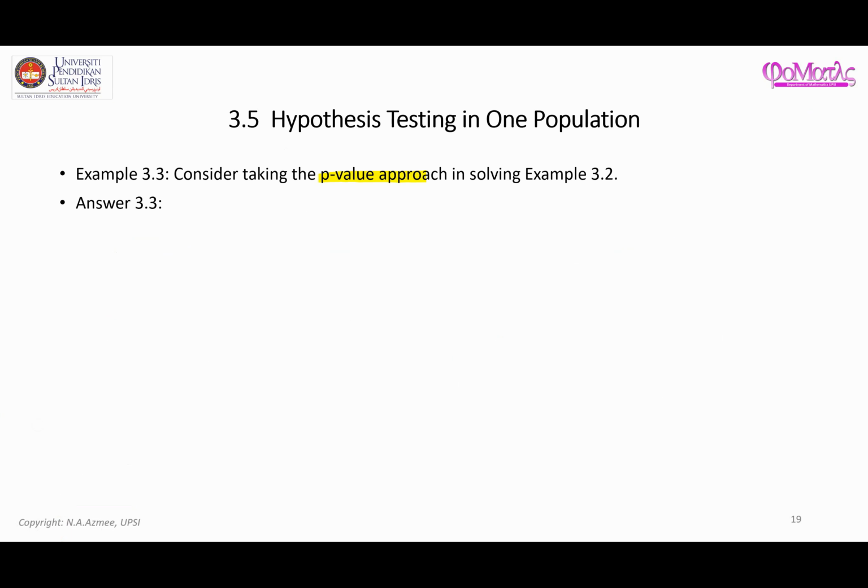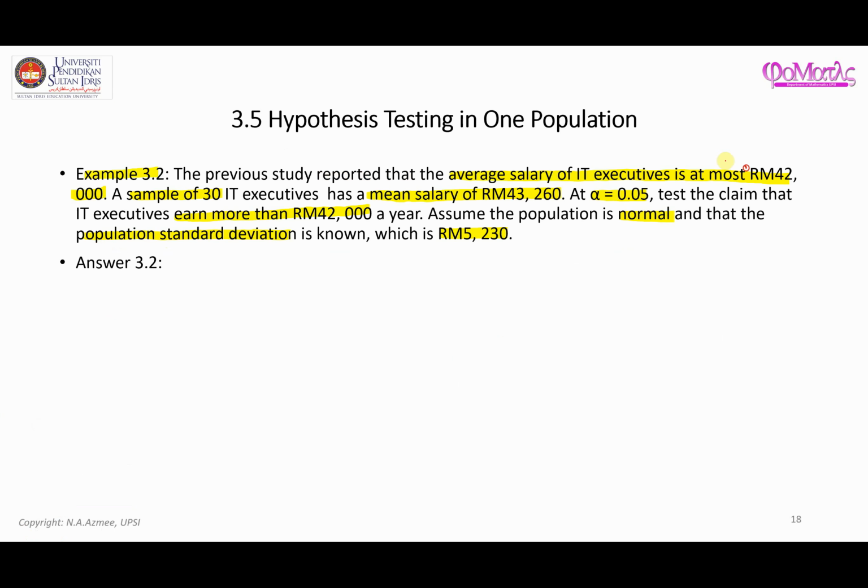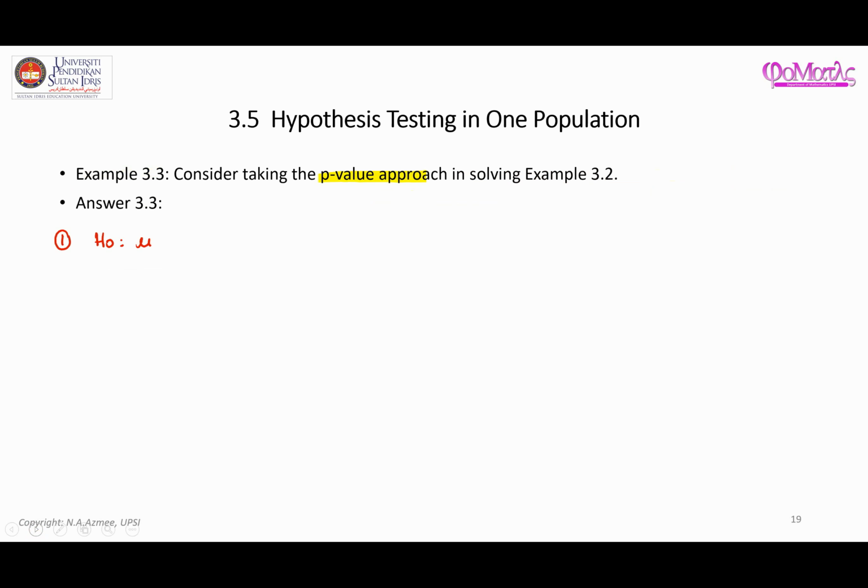Okay, so the first step is to write down the hypothesis statement. The hypothesis statement is H null, and mu is at most. So when you talk about at most, that means the highest the salary can be is 42,000, but it can go lower than that. So that's the meaning of at most.